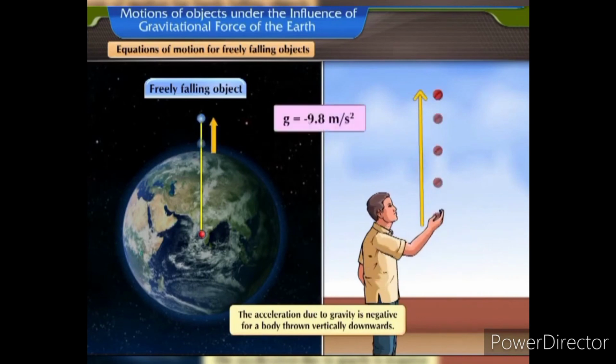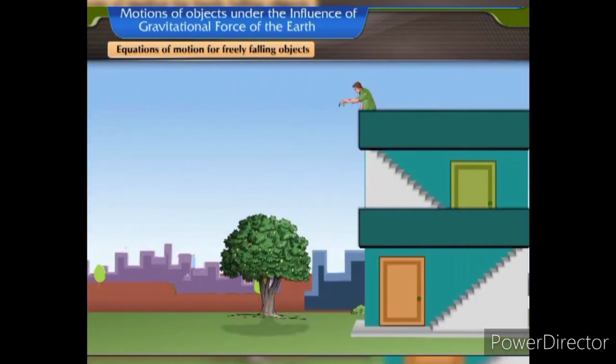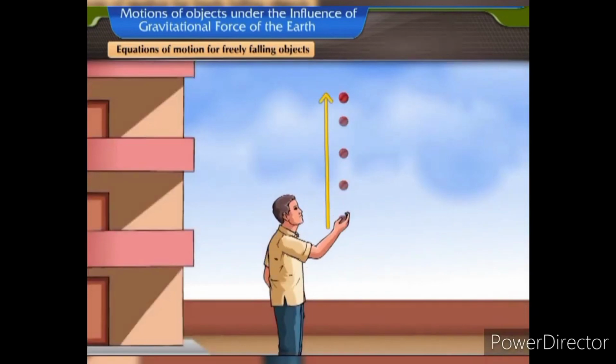That is, g is equal to minus 9.8 meters per second square. Also, when an object is dropped freely from some height, its initial velocity u becomes 0, whereas if an object is thrown vertically upwards, its final velocity v becomes 0.